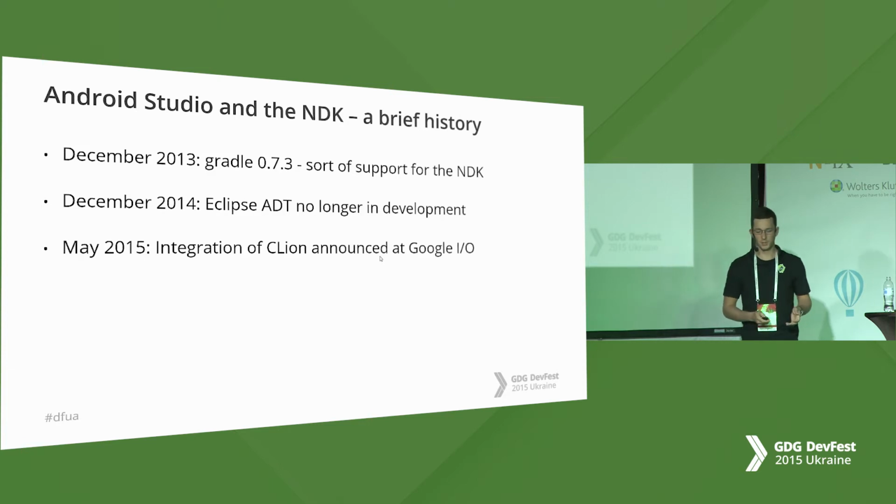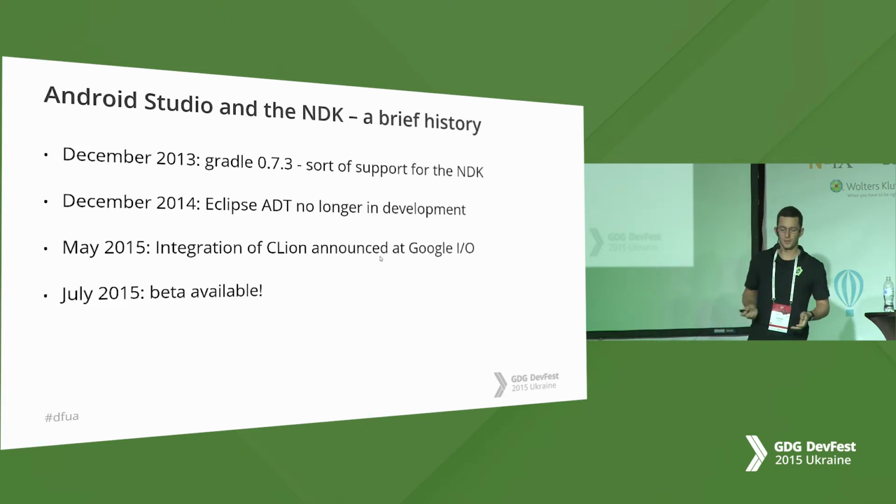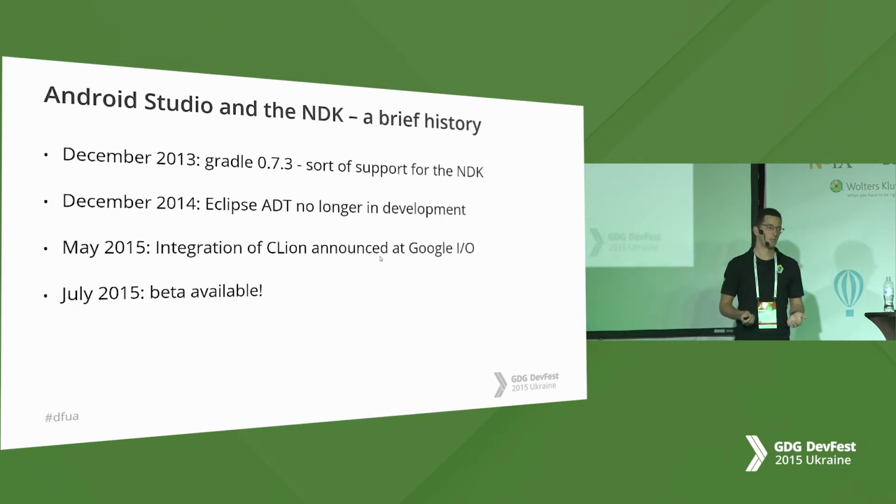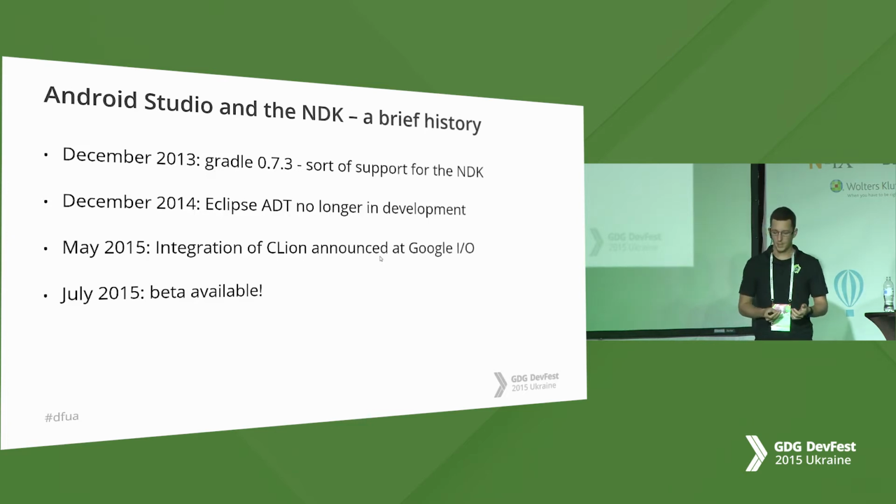I knew many people wanted to try it, but we all had to wait for July to get our hands on it. Even then, it's quite beta, and even right now it's still beta and experimental. But even if it's beta and experimental, it's still better than 2013, and in my view much, much better than Eclipse. So it's not because it's labeled experimental and beta that you should be afraid of using it right now.